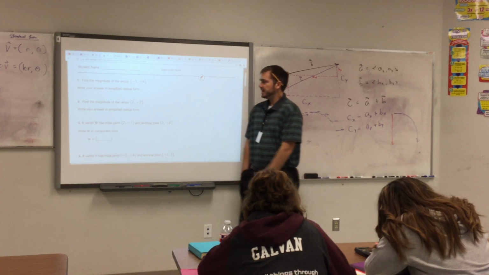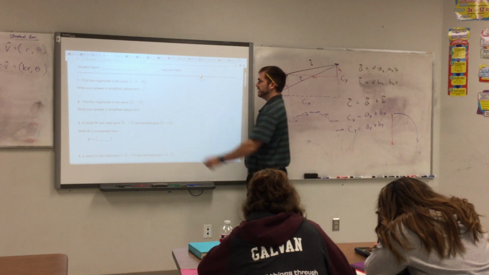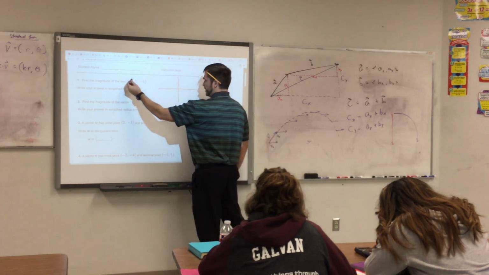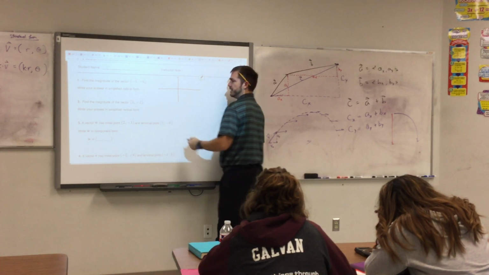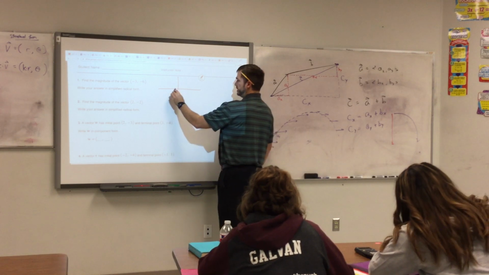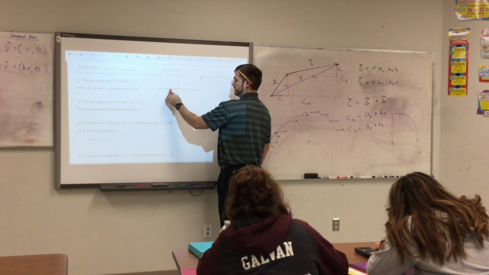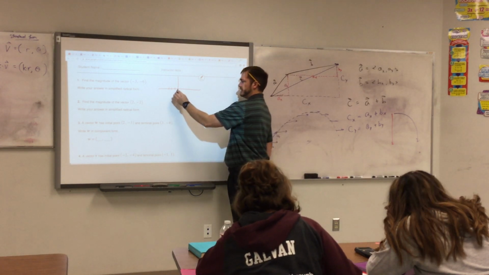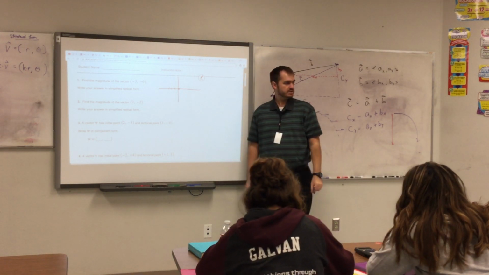Number one, it says find the magnitude of the vector -3, -6. So this is its x component, that is its y component. -3 means it goes to the left. We're just going to draw all of our vectors starting at the origin, if that's all right. I think that's going to make things a lot easier for us.